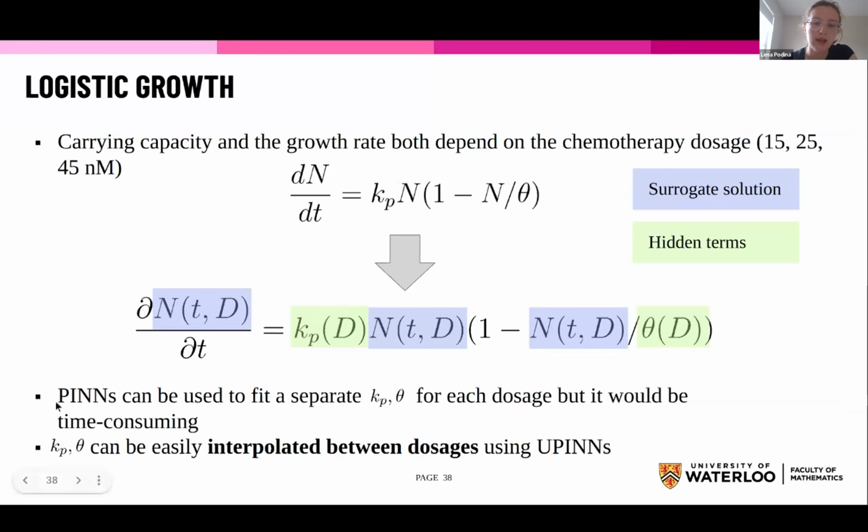PINs can be used to fit a separate proliferation rate and theta for each dosage, but it would be fairly time consuming because you would have to take every single data set, every single time series, and do it separately. Kp and theta can also be easily interpolated between dosages using UPINs, and I'll show you what I mean by that.